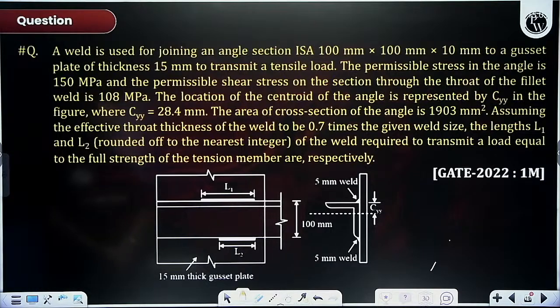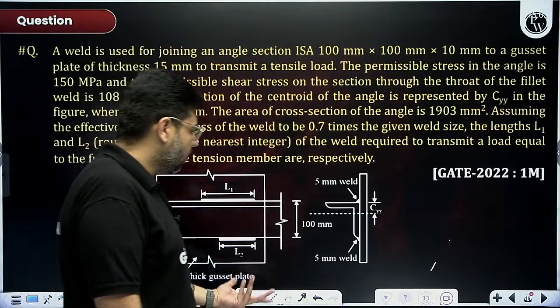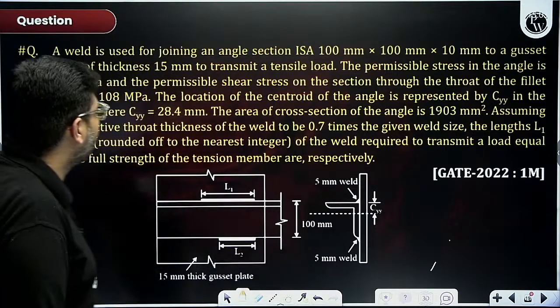The location of the centroid of the angle was given, and the area of cross section of the angle is this. Assuming the effective throat thickness to be 0.7 times the given weld size, that is 0.7 s, the lengths L1 and L2 of the weld required to transmit a load equal to the full strength of the tension member are. So the strength of the tension member I can always find out.